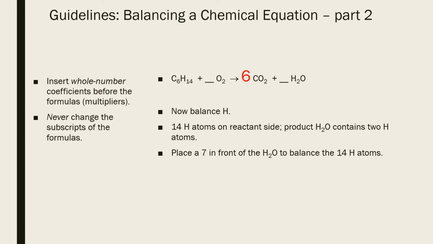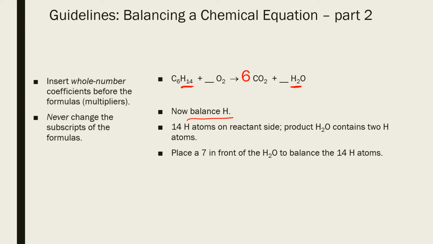Okay, as we have balanced the carbon atom and we have said that we're gonna balance oxygen at the end, that means now we have to balance hydrogen. In the reactant side we have 14 hydrogens and in the product side we have only 2. In order to make this 2 to be 14, we need to multiply 2 with 7.